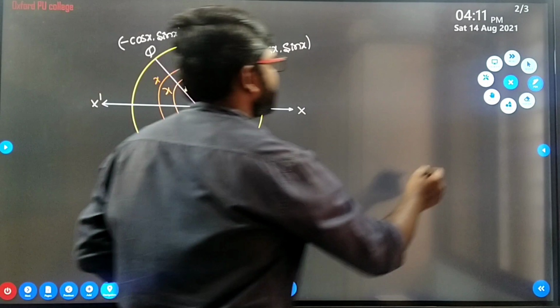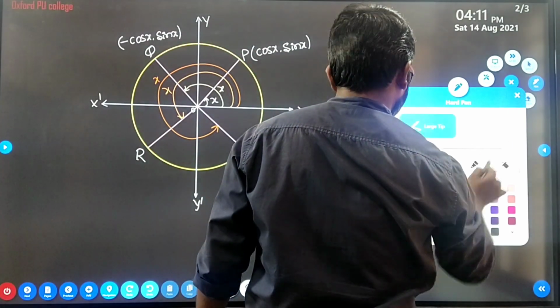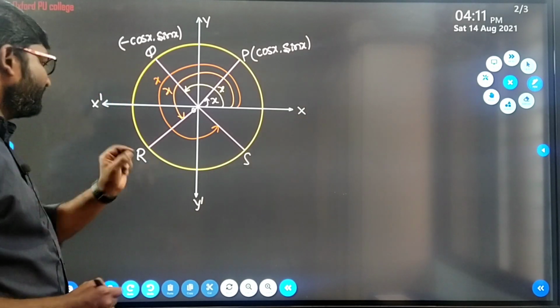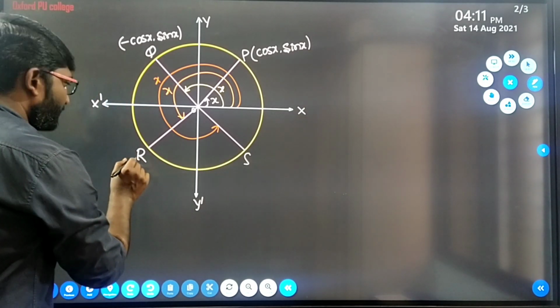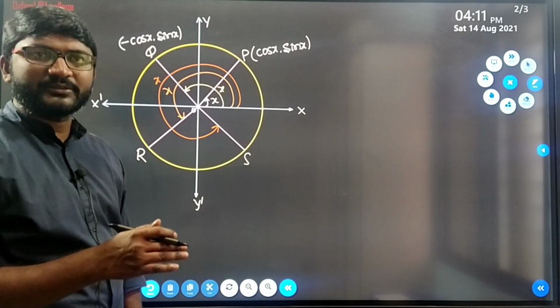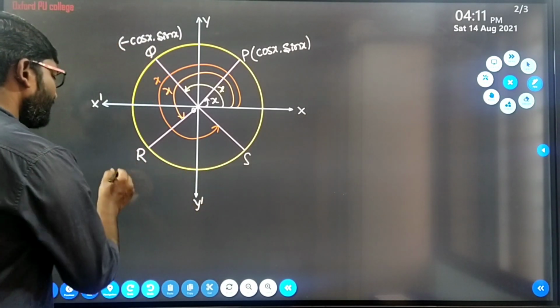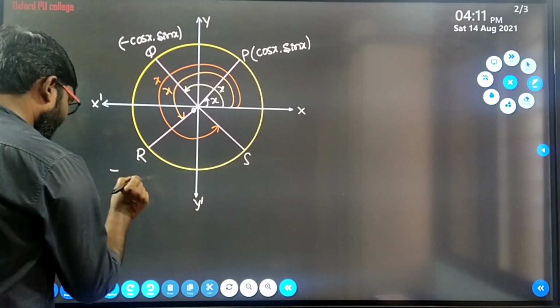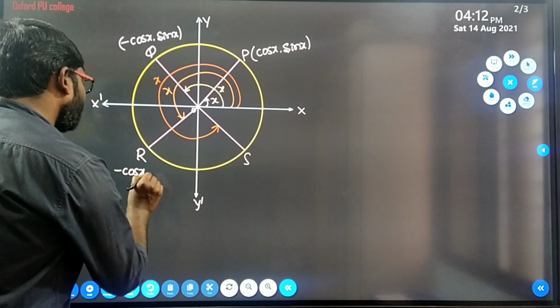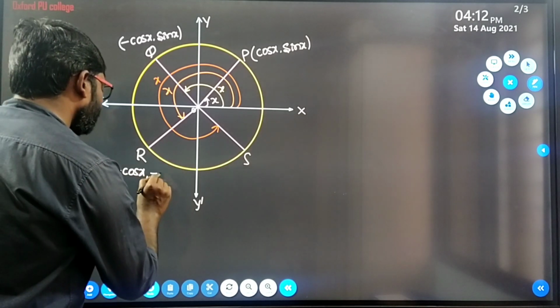Now let us write the coordinates of the points Q and R. We have already written for Q. Point R is on the unit circle in the third quadrant, so both x and y must be negative: minus cos x, minus sin x.